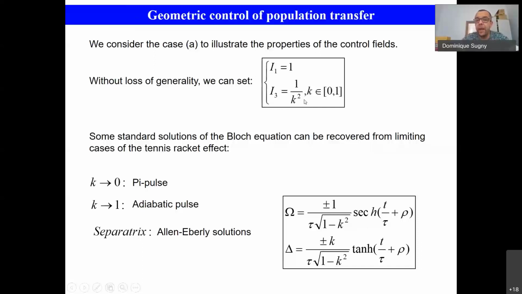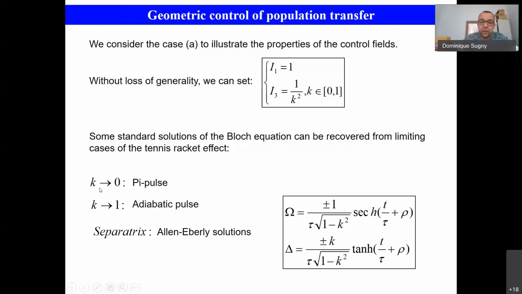So k is just a free parameter belonging to the interval 0, 1. And the first interesting point is the fact that in two limits, when k goes to 0 and when k goes to 1, we recover some standard solutions for qubit control.